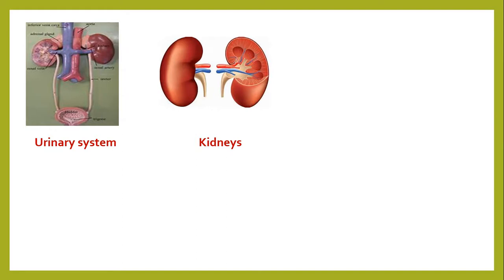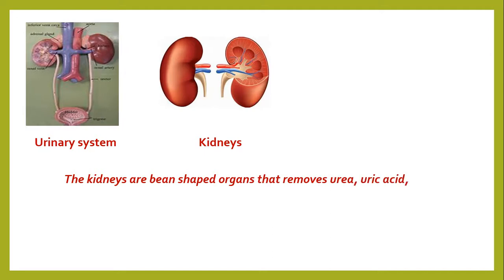So what are the kidneys and what will be their function? So we're saying that kidneys are bean-shaped organs that remove urea, uric acid, excess salt, and water from the body.